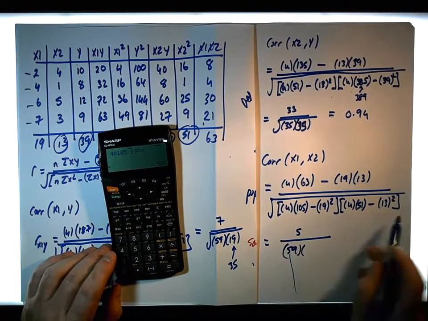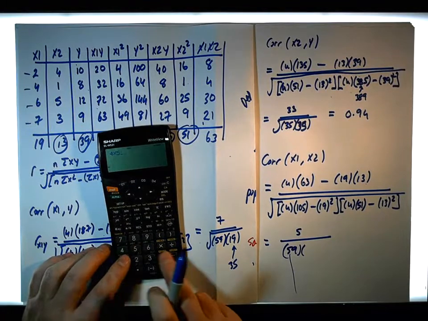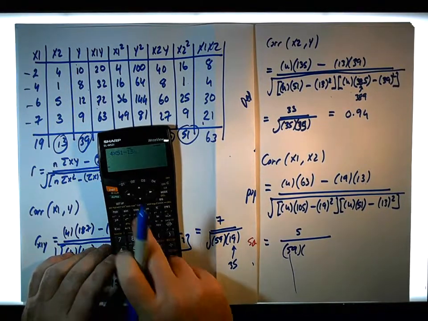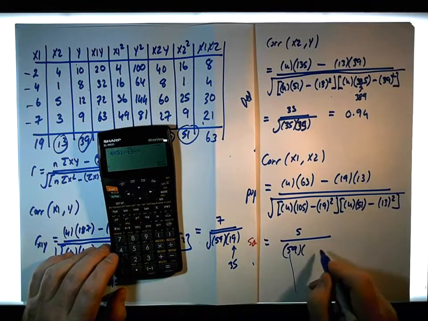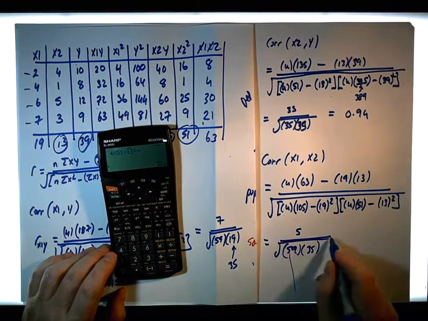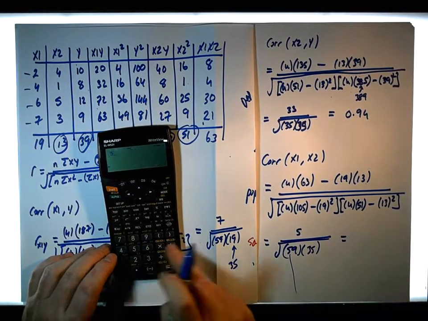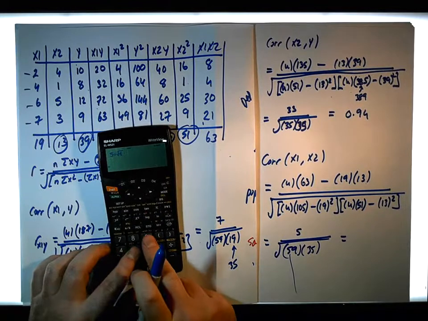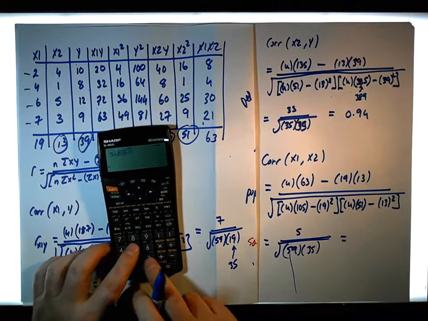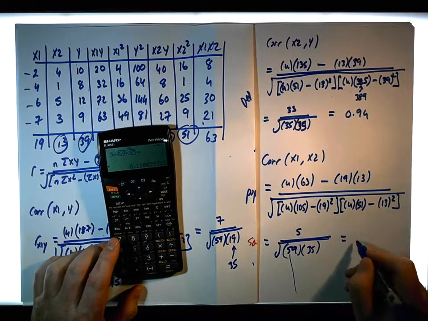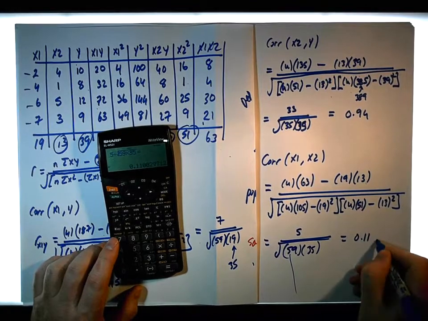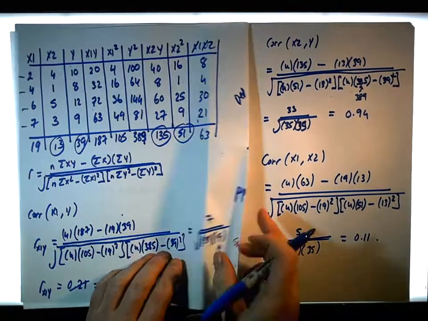And this term here is 4 times 51 minus 13 squared, which gives us 35, and it's the square root of that. So this gives us 5 divided by the square root of 59 times 35, which gives us a value of 0.11.